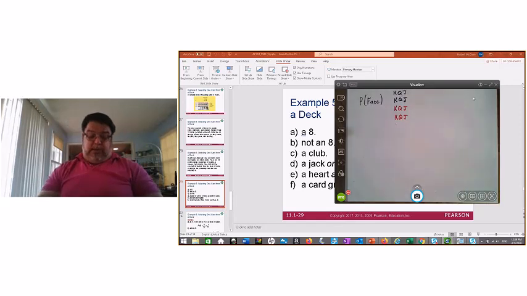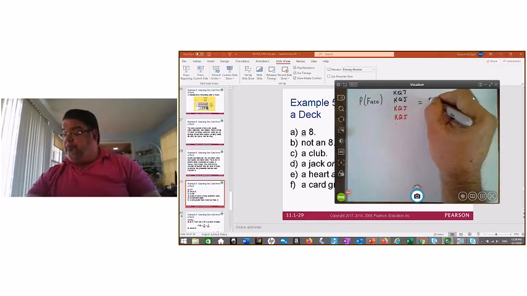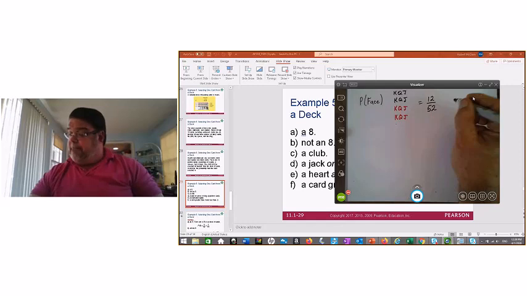So that will be 4 times 3, which is 12 over 52. And 12 divided by 52 is 0.23.